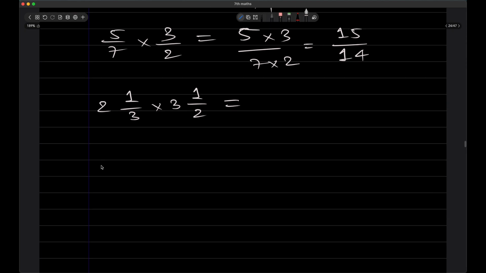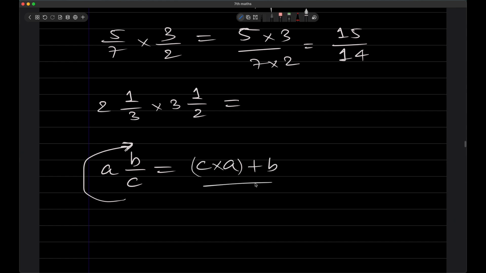First understand how to convert mixed fraction to improper fraction, that is, we are given a whole b by c. Then to convert this into improper fraction, we will do the clockwise operations, that is c into a plus b and denominator as it is.